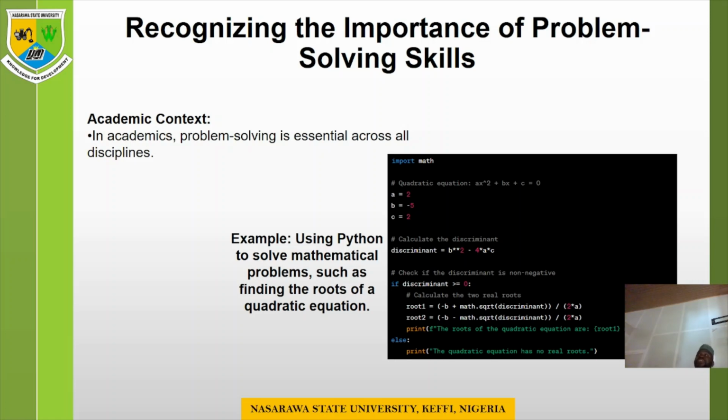But if the discriminant is less than 0, it means you have a complex solution, so you can't proceed, based on mathematical logic and principle. So we check for the discriminant. In this case, our A is equal to 2, B is equal to minus 5, and C is equal to 2. So we find the discriminant: B to the power of 2 minus 4AC.